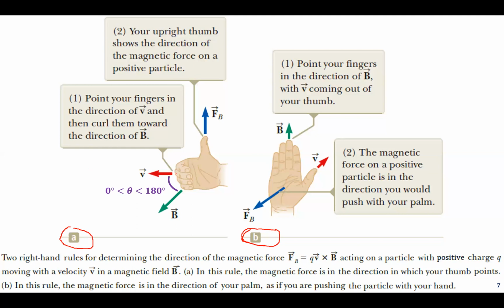So in this way, you can determine the resultant force Fb given the direction of v and magnetic field B, right? Also note that theta should be between 0 degrees and 180 degrees. Okay, so you can choose either one you like, whichever you want to use to determine the direction of the resultant magnetic force given v and B, okay?